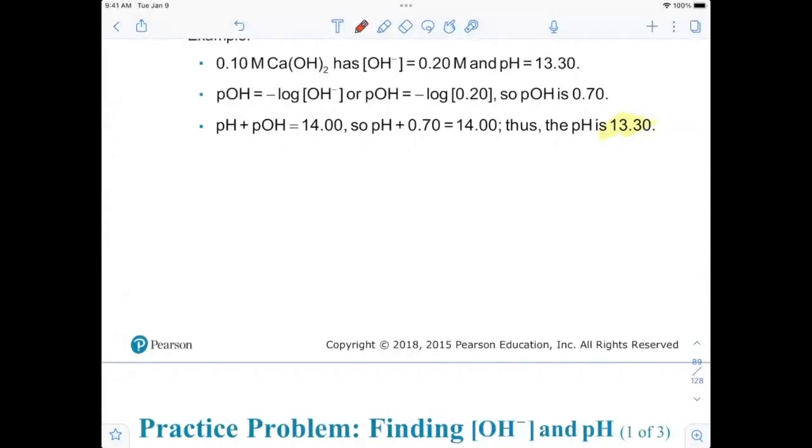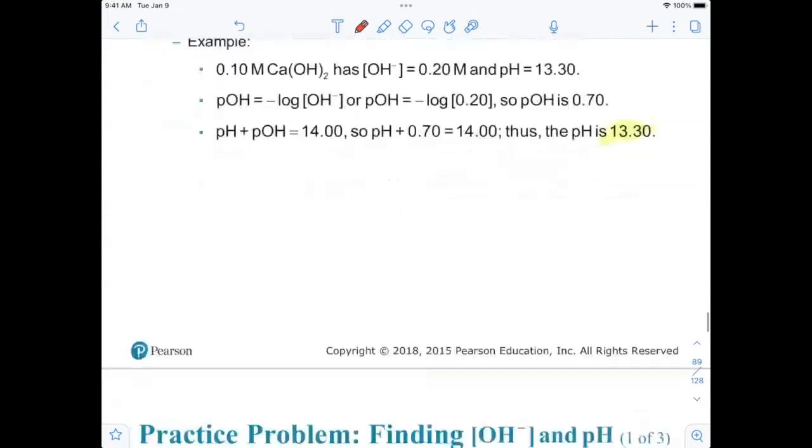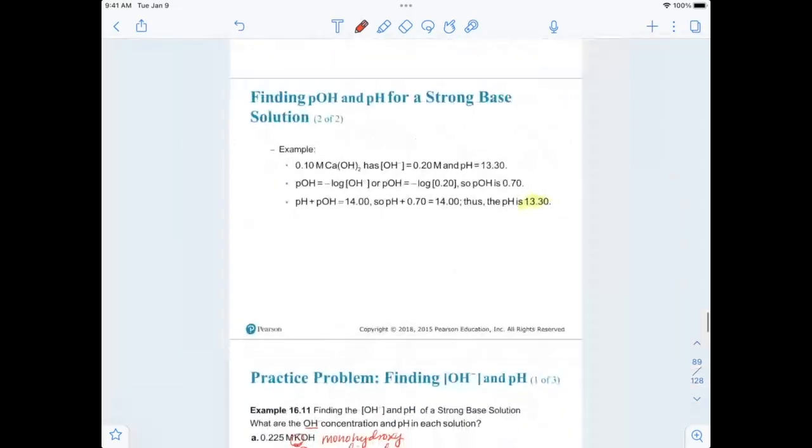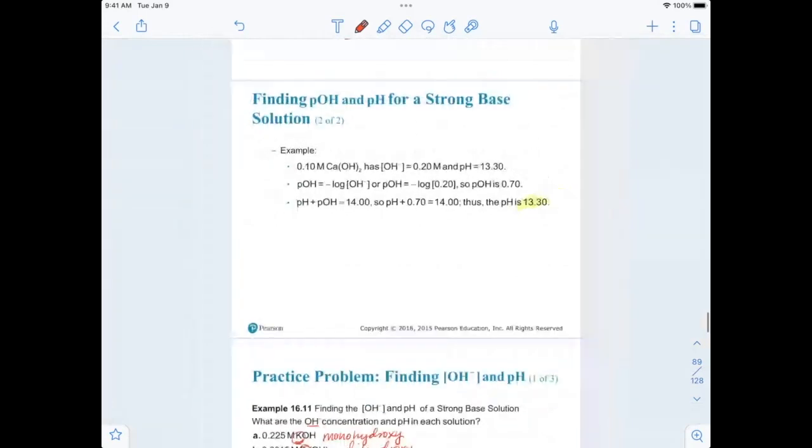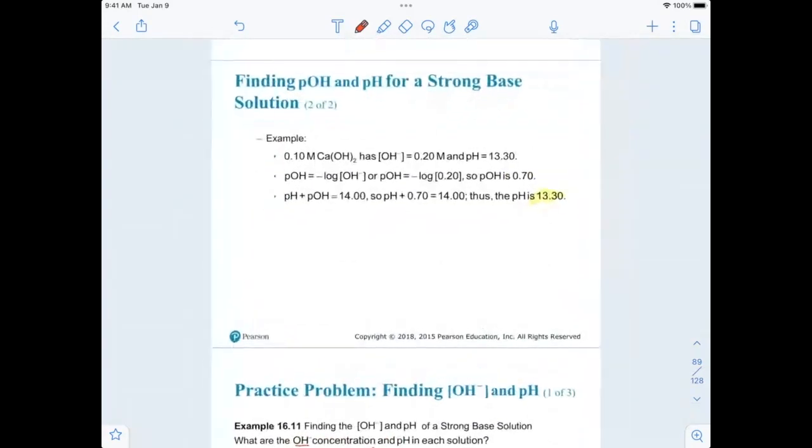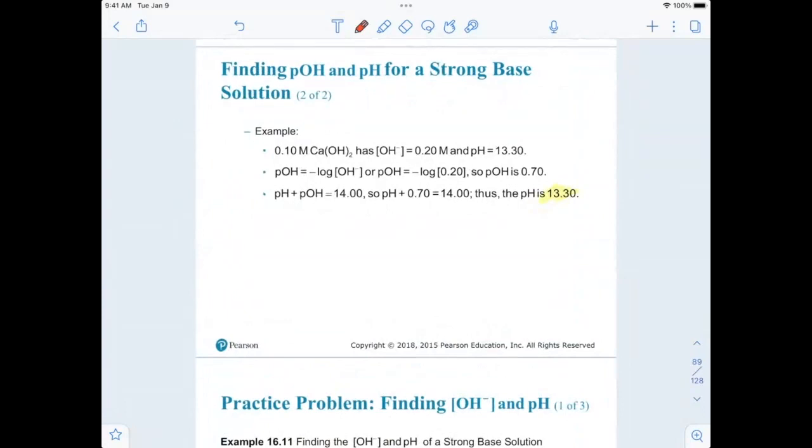Okay, so when we're looking at this right here, let's go ahead. Oh, there are controls here. Oh, this is weird.